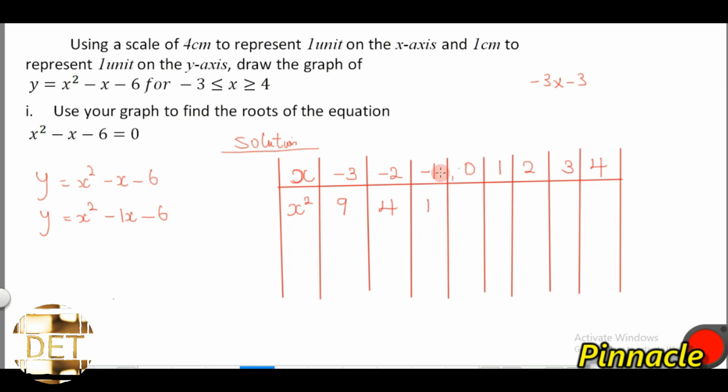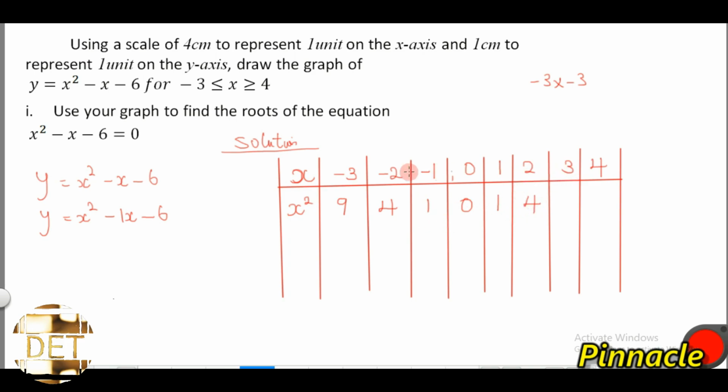When x is 0, 0 raised to power 2 will be 0. When x is 1, x squared will be 1 times 1, and that will give us 1. When x is 2, x squared will be 2 times 2, that's 2 squared, and that will give us 4.